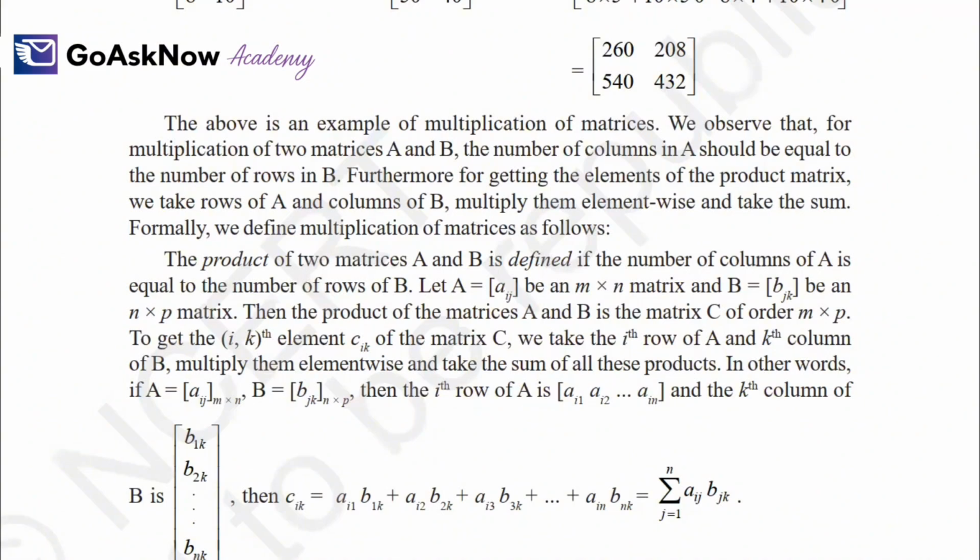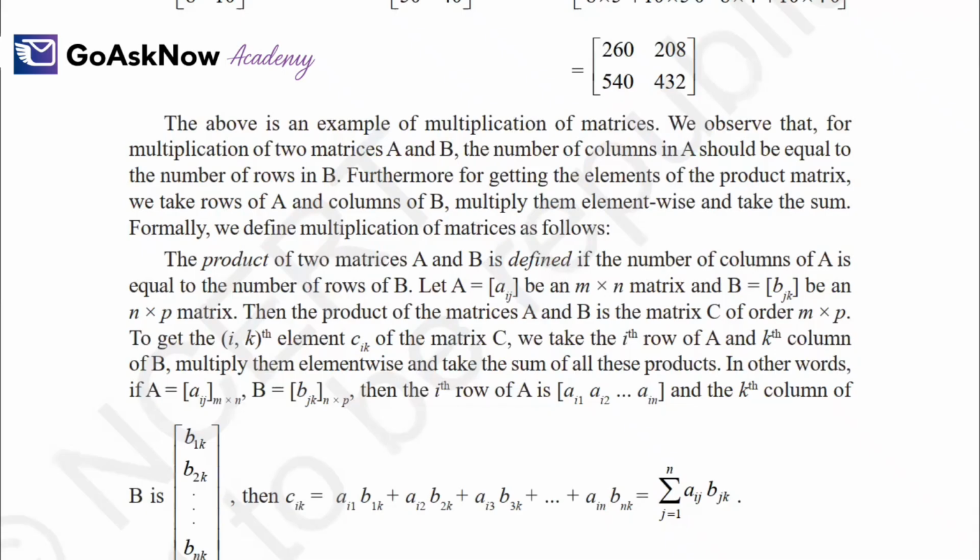Then the product of matrices A and B is the matrix C of order M cross P. This is also a very natural thing: if you have a matrix of order M cross N and another matrix of order N cross P, then the product will have order M cross P. It means the number of rows of the first matrix and the number of columns of the second matrix give you the order.